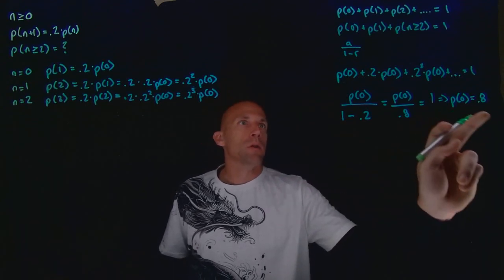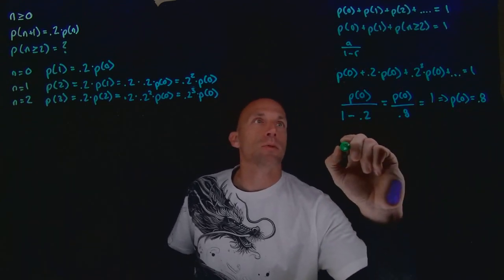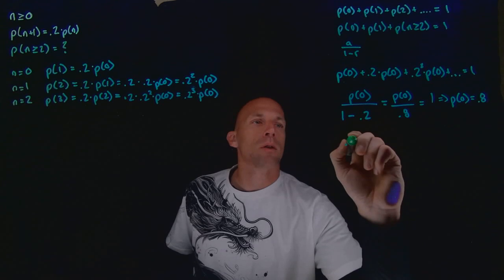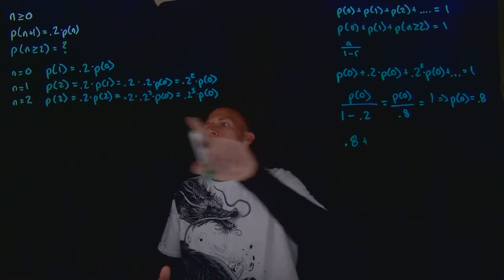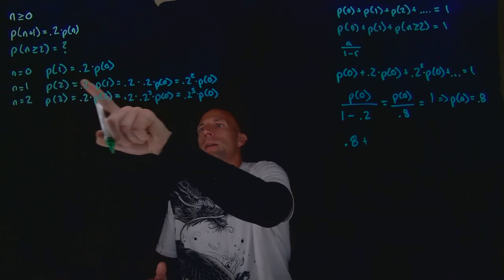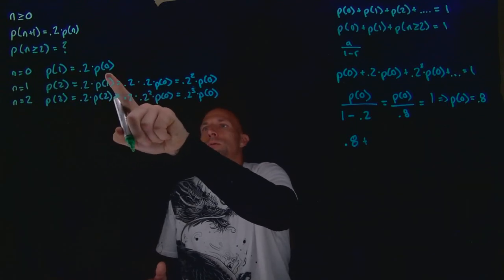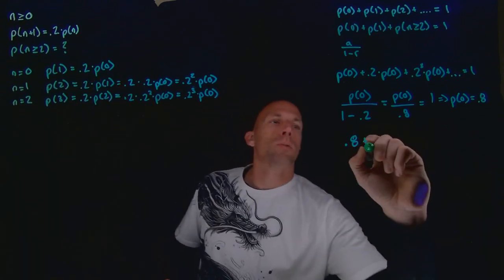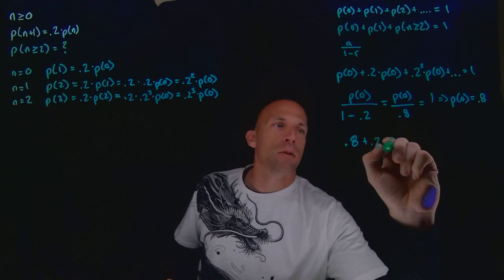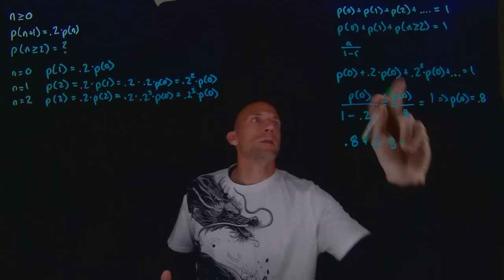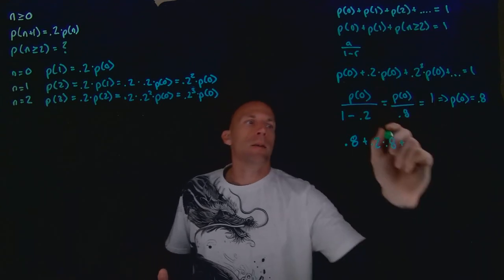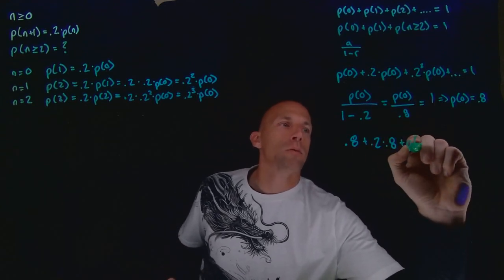Now let's go to this second statement. We know that P of 0 is 0.8, so let's do some substitutions. P of 0, 0.8, plus P of 1, well, we have a value for P of 1, that is 0.2 times P of 0, so plus 0.2 times 0.8, plus the value that we want, 2 or more claims, more than 1 claim.